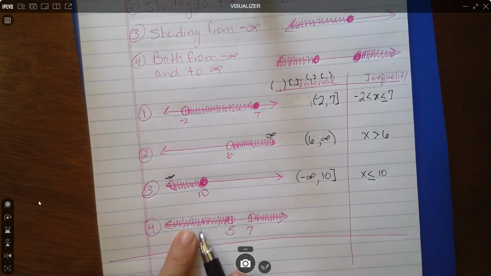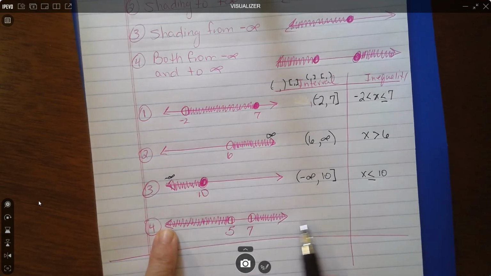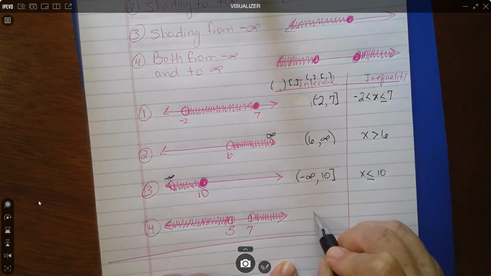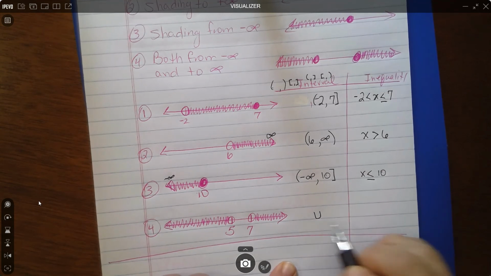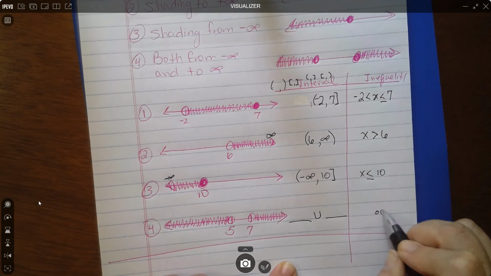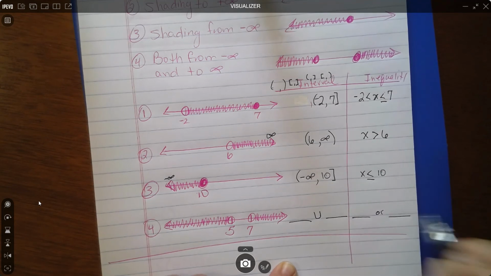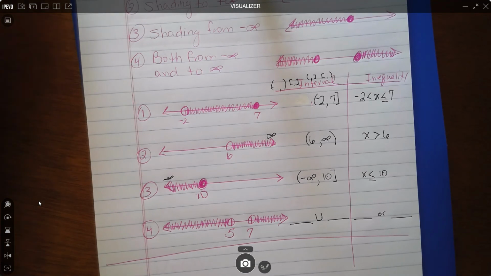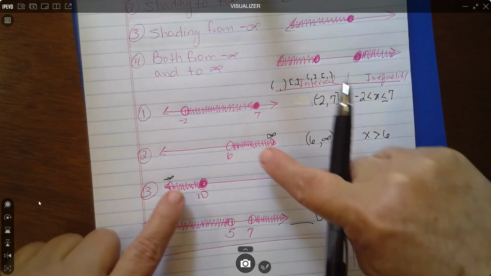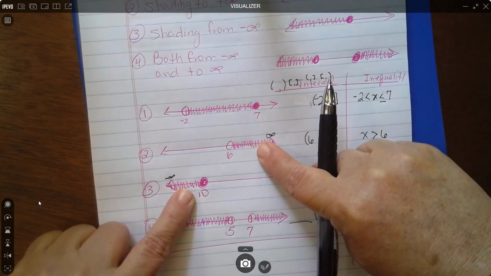Lastly, if we've got two pieces, then we're going to have two intervals. We'll have one right here, one right there, and we'll have the union symbol in between. Over here, we'll have two inequalities with the word or in between. So this one is just a combination of these two problems put together.